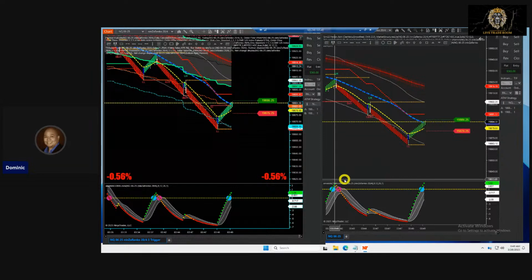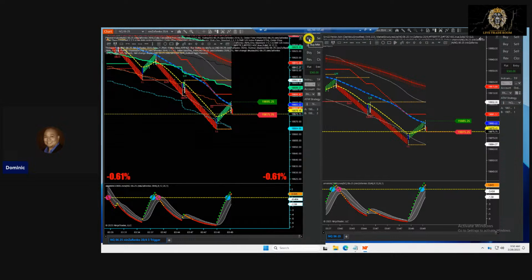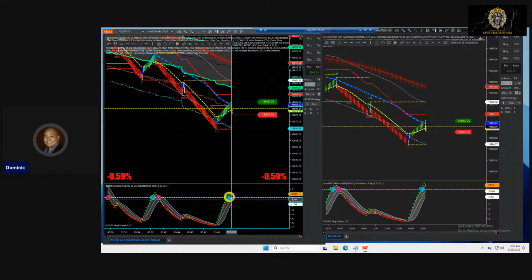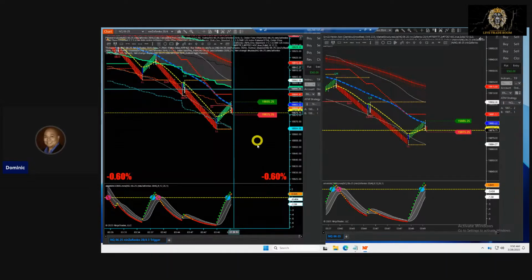Wow, 11 minutes before opening. Here's the reversal. Well, you see the reversal. We're still above the zero line. This still may go up. Let's see what happens here.